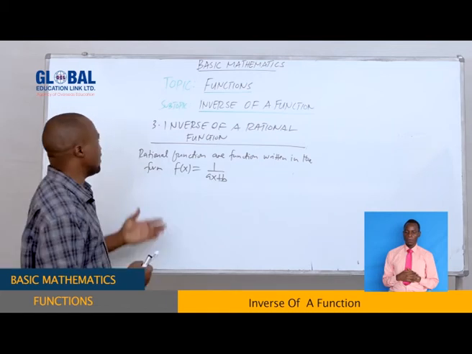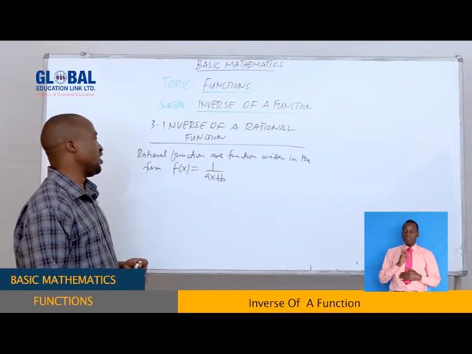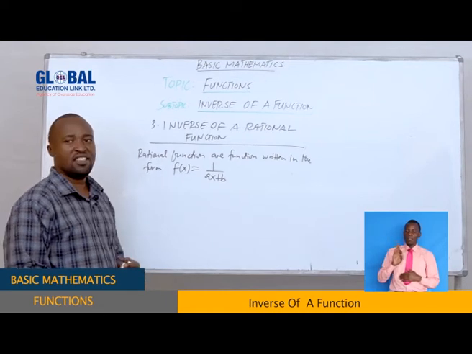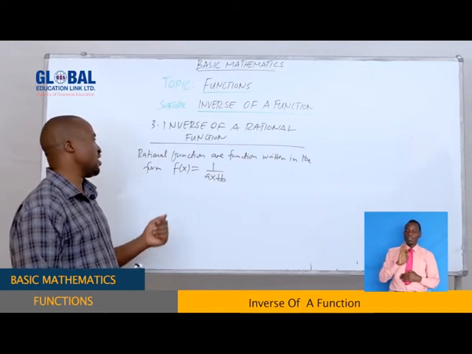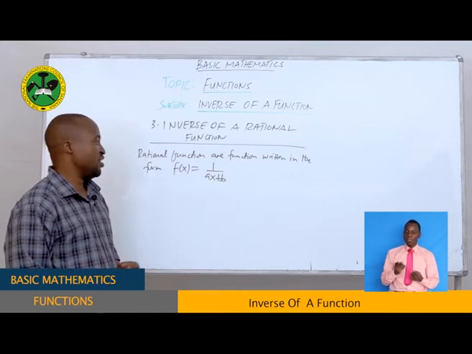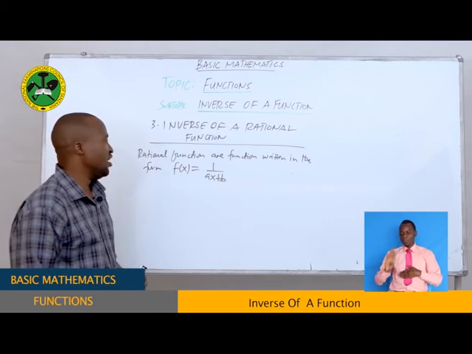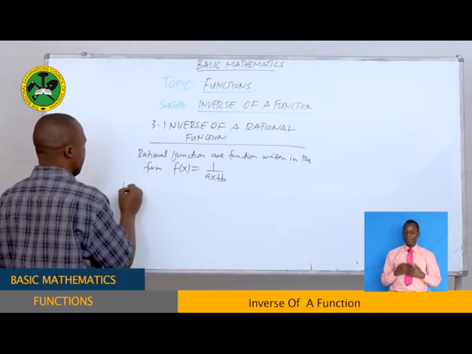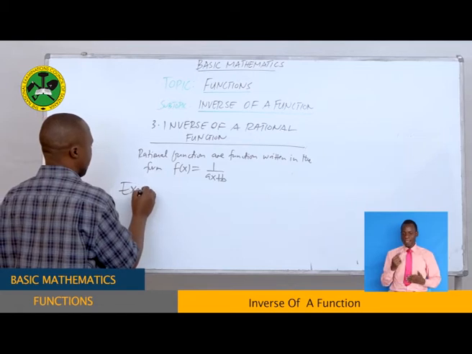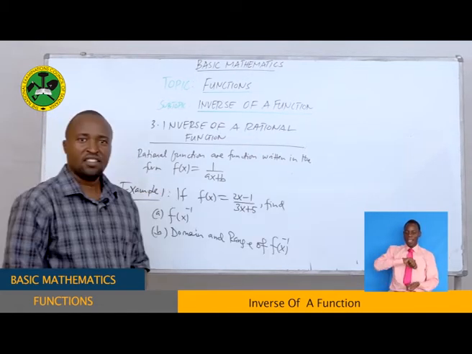So the next part is the inverse of a rational function. A rational function is any function that can be written in the form of f of x is equal to 1 over ax plus b. There should be a denominator. Now let us see an example of finding the inverse of a rational function.